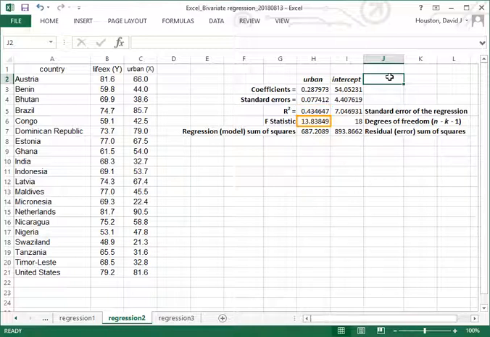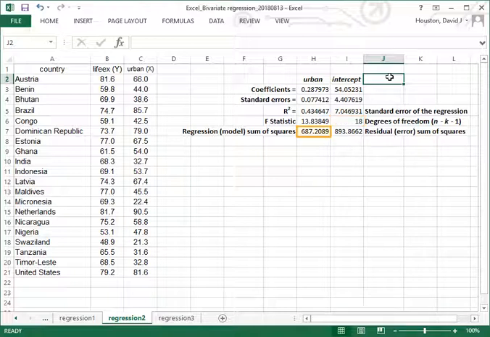Then below that is the F statistic, and we'll go through that in a moment, but this is the F statistic that's used for determining whether or not the R-square value is statistically different from 0. We then see the degrees of freedom for the model, and the degrees of freedom will always be n minus k minus 1, where n is the sample size, in this case 20, and k is the number of independent variables, which in this case is 1. So 20 minus 1 is going to be 18.